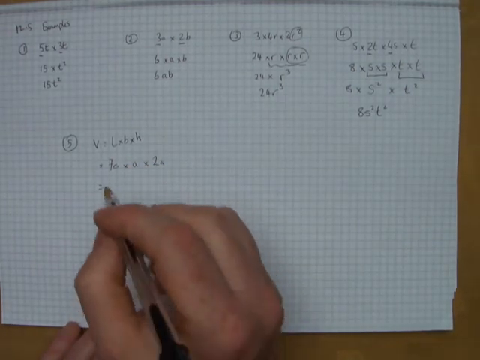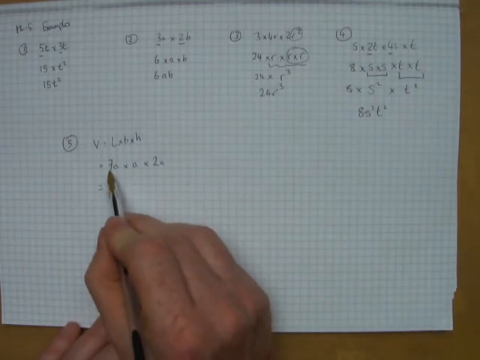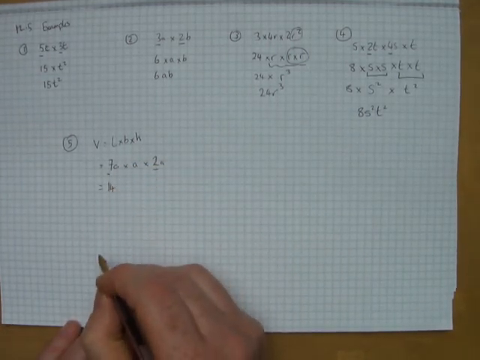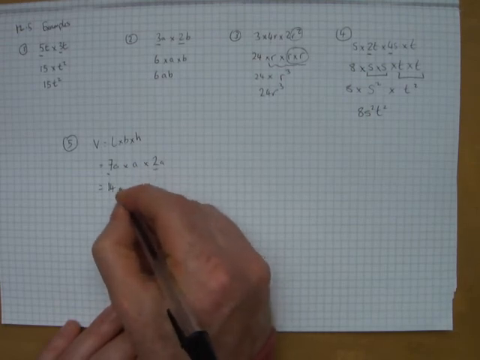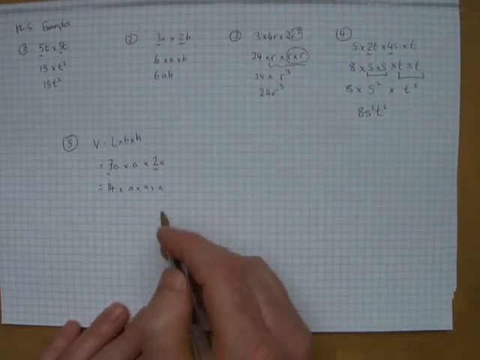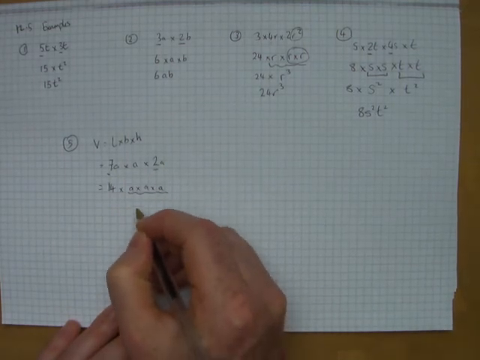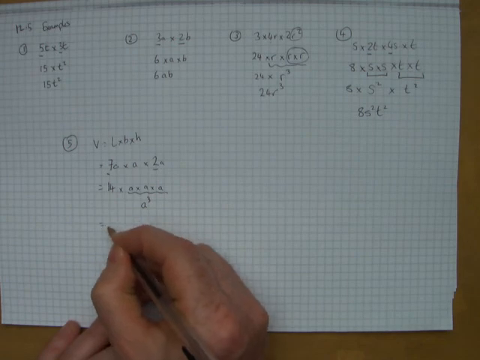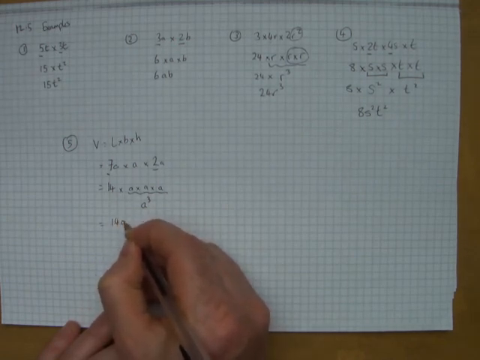We do it in the same way, so we've got the numbers, 7 times 2 is 14. A times a times a is what we're left with. The 3 a's at the end multiply together and give a cubed. So they combine together to give 14a cubed.